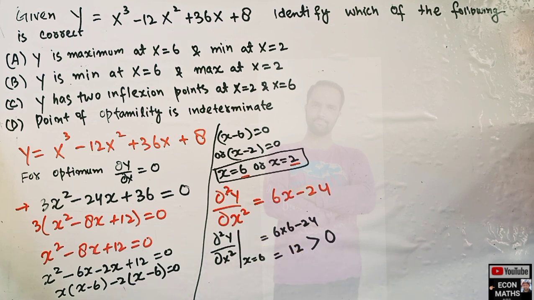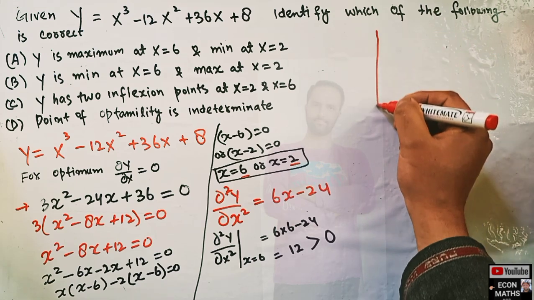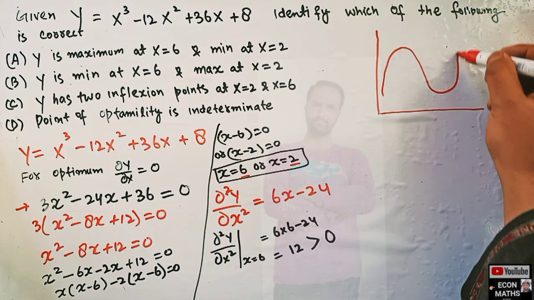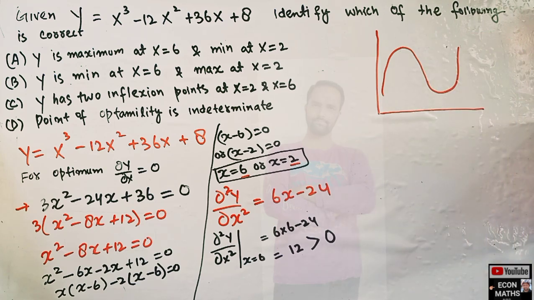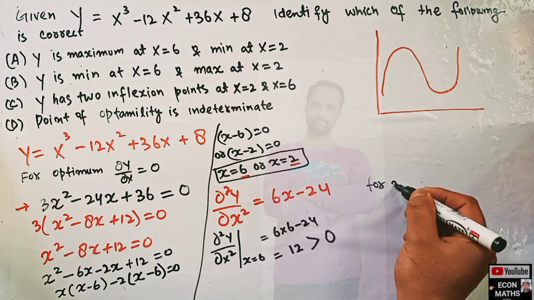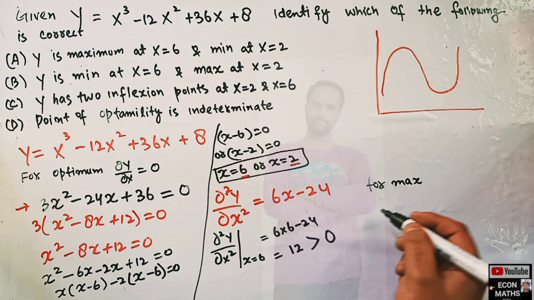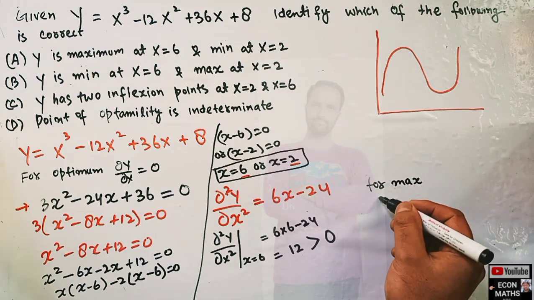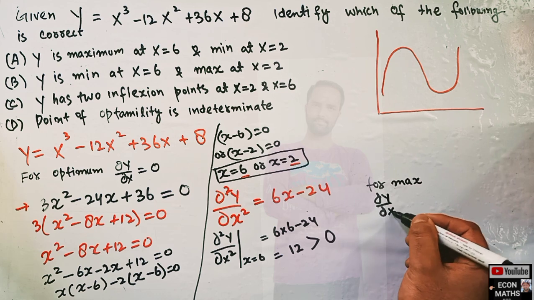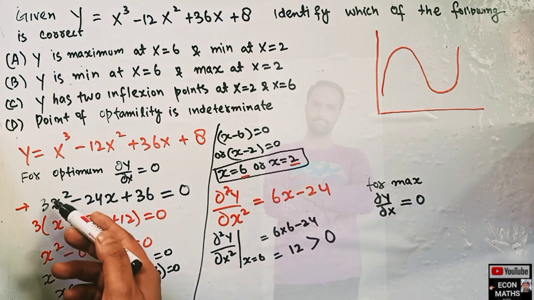So let us graph this out so that you get the complete idea of what I mean. Actually we have this cubic function, and we have two points. For maximum, let me write it here. For maximum, first derivative dy upon dx should be equal to 0, as we have done here.